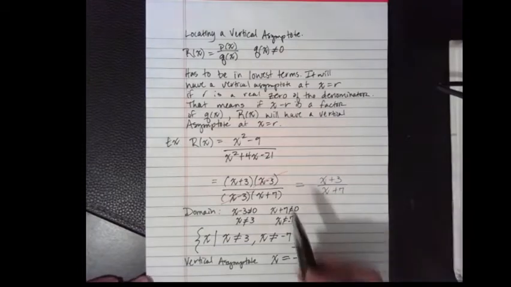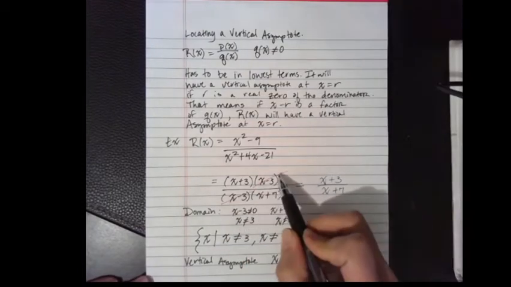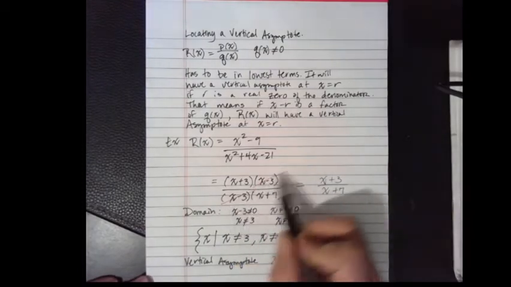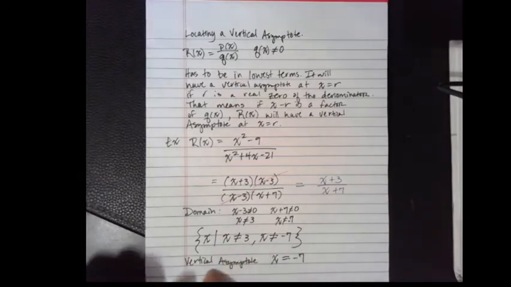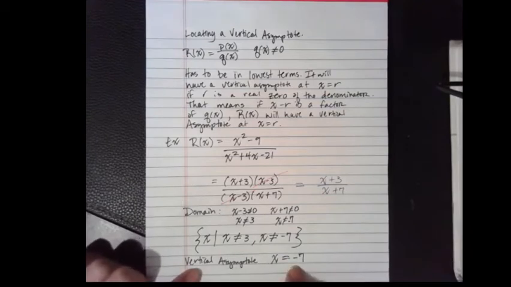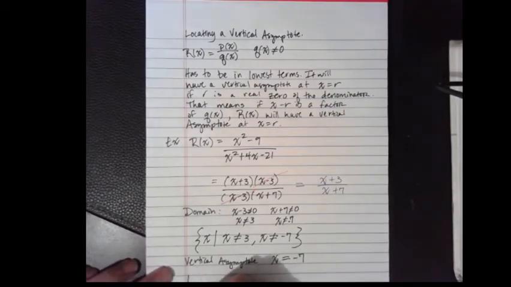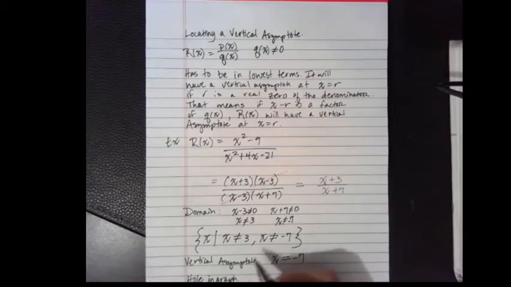Okay, so x minus 3 and x minus 3 have canceled each other out, I still have a domain restriction here at x equals 3. Because that cannot exist as part of my graph, but it is not an asymptote itself. It's actually a hole in the graph. So here I have a hole in the graph at x equals 3.